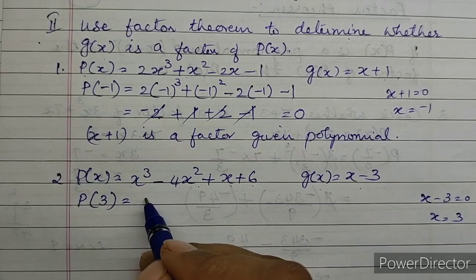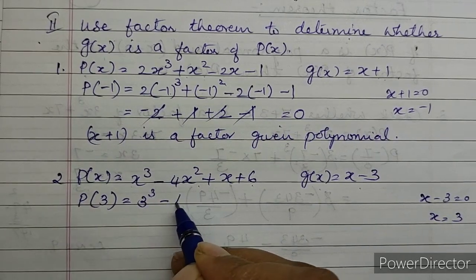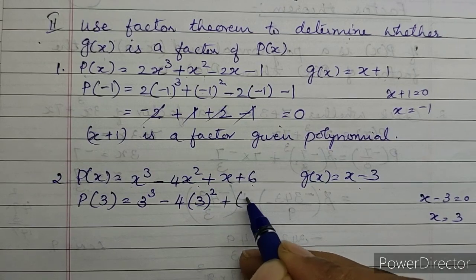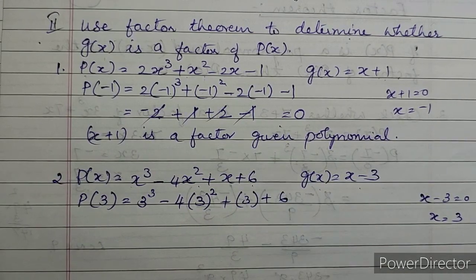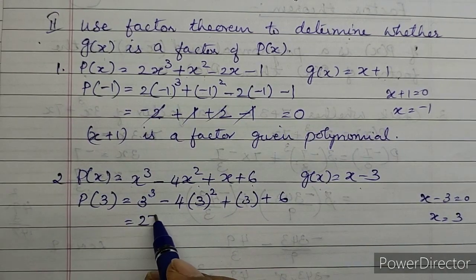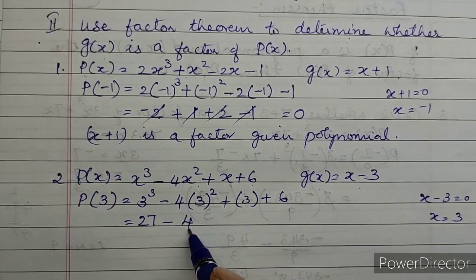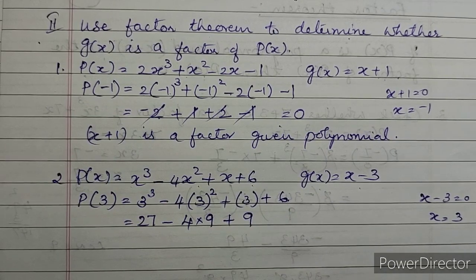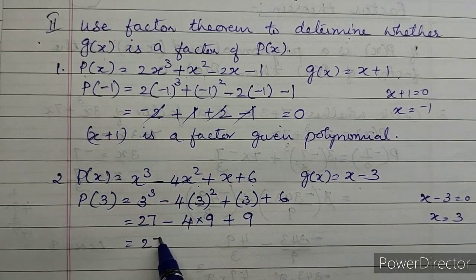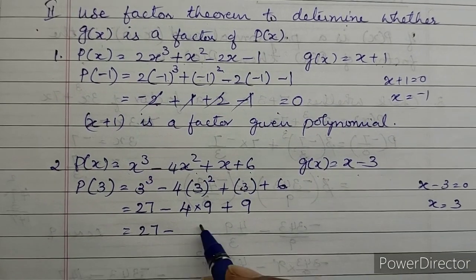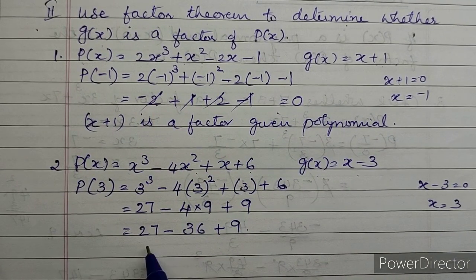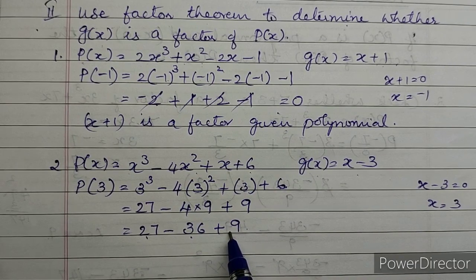P of 3: 3 cube minus 4 into 3 square plus 3 plus 6. 3 cube is 27, minus 4 into 3 square is 9, plus 6 plus 3, it is 9. Together you can write: 27 minus 9 fours are 36, plus 9. So 27 minus 36 plus 9.